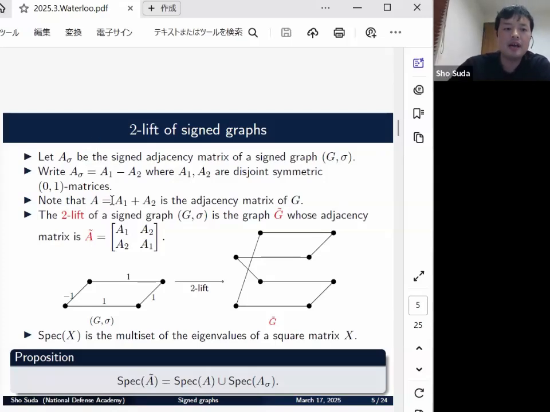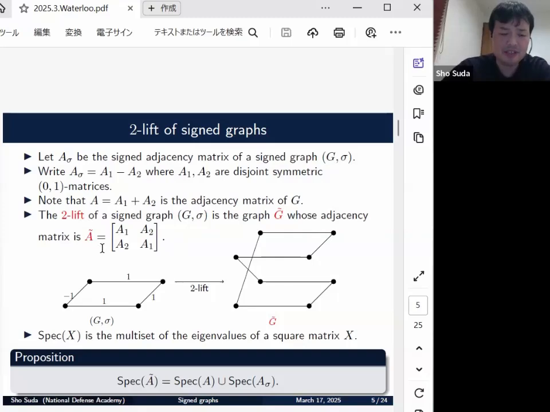And we can easily realize that the matrix A, which is defined as the sum of the two matrices A1 and A2, is the adjacency matrix of the underlying graph of G. And the two-lift of a signed graph, G sigma, is defined like this, which is the graph denoted by G tilde, whose adjacency matrix is defined this way.